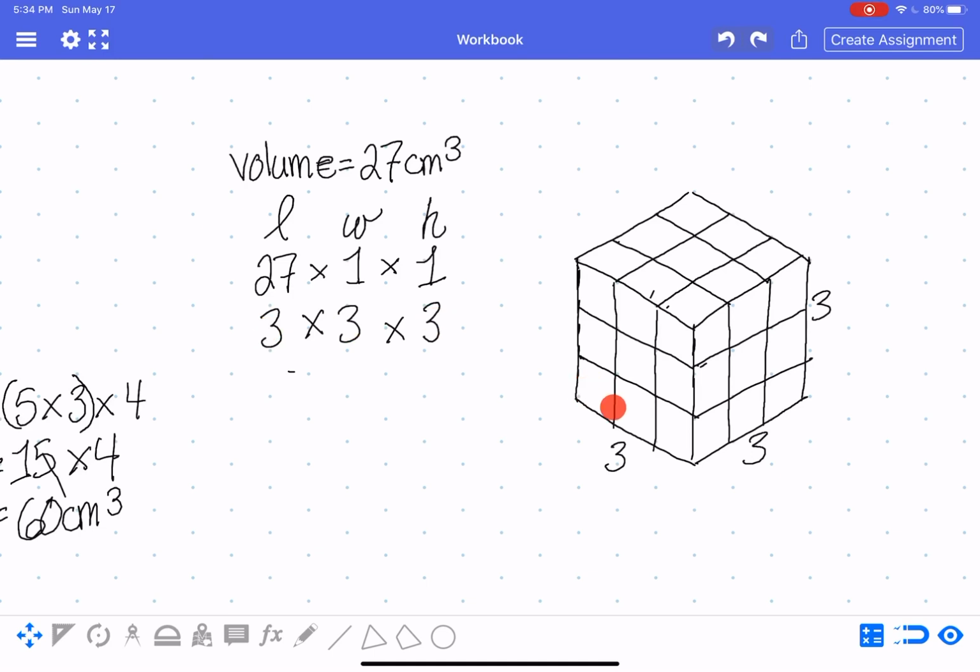And then we took that and we were able to draw a rectangular prism that has a volume of 27 centimeters cubed, right? And because it has the same length, width, and height, I also gave the extra information that this is an example of a perfect cube.